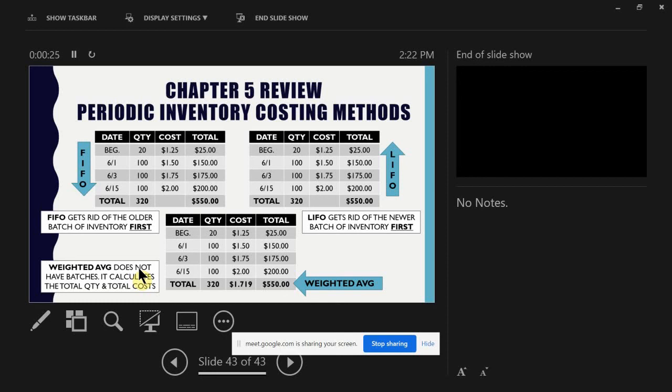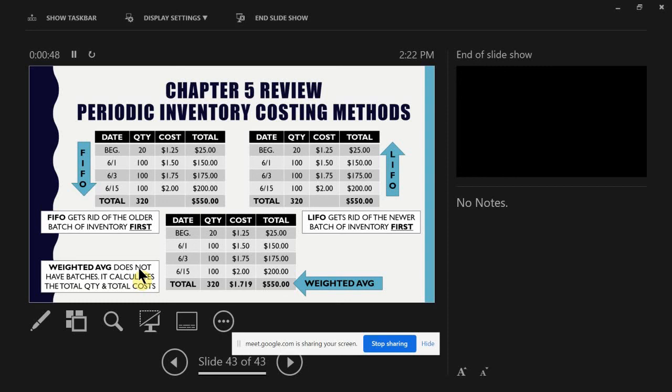That's how we calculate our cost of goods sold. LIFO acts the same as FIFO, except instead of going from the top and making your way down to the bottom, you're going to start from your last batch and make your way up to the top.